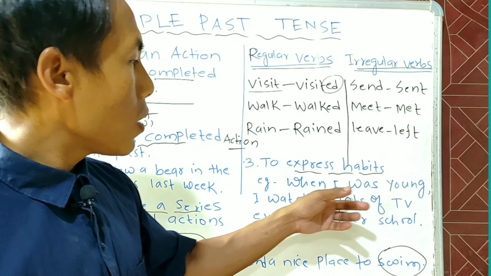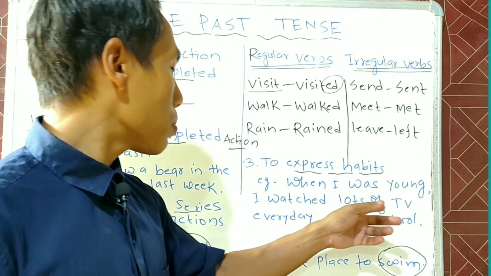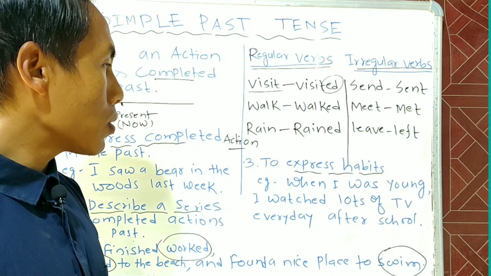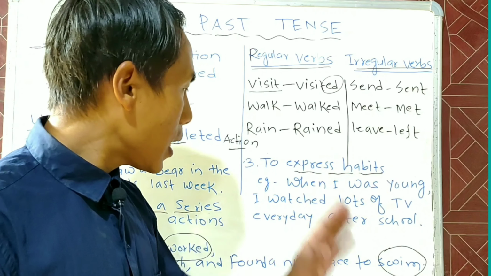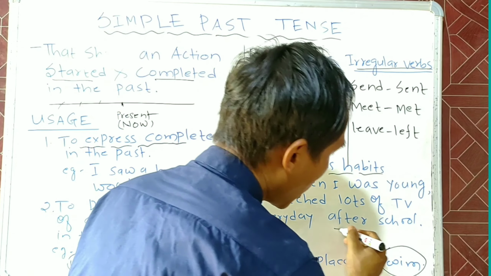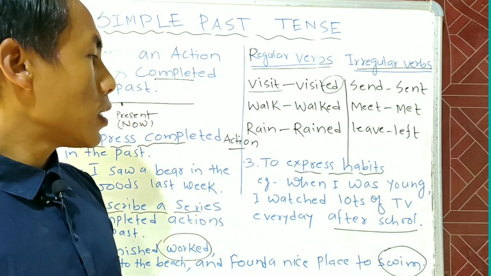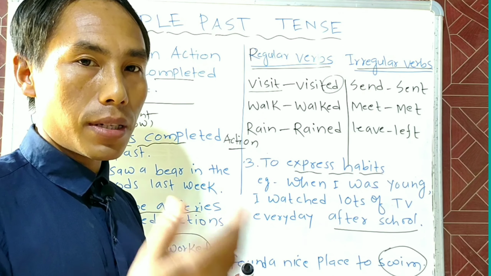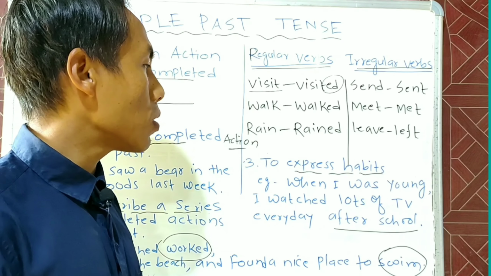Look at here, when I was young, I watched lots of TV every day after school. So here I am talking about habits. When I was young, I watched lots of TV. After school, I always watched TV or television every day. That is happening every day on a habitual basis. That is why it is called habits.